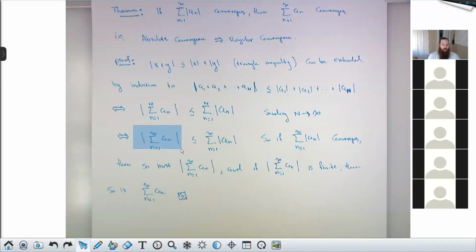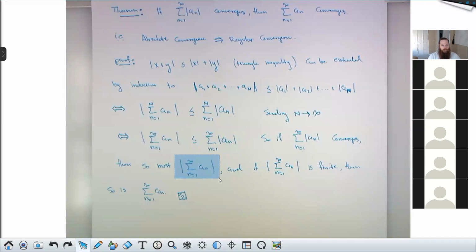So the series with the absolute value outside is less than or equal to the series with the absolute value inside. So if your series converges absolutely, that means this series converges. That's the definition of absolute convergence. So if the bigger thing is finite, then the smaller thing has to be finite as well.